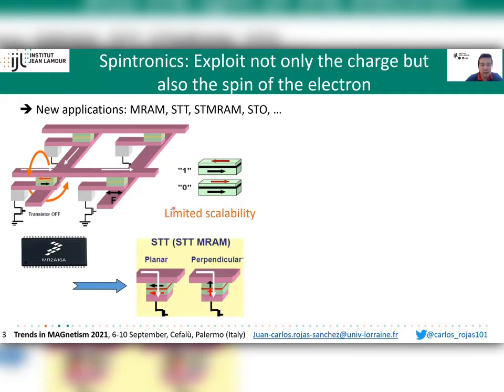But there are some issues like limited scalability. And so thanks to theories like spin transfer torque, where we apply current perpendicular to this pillar or tunnel junction, then we can switch the magnetization of the free layer.